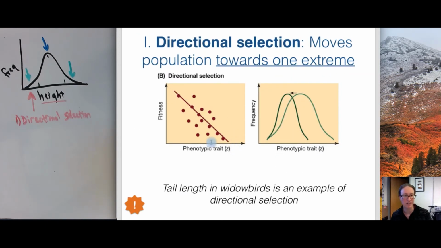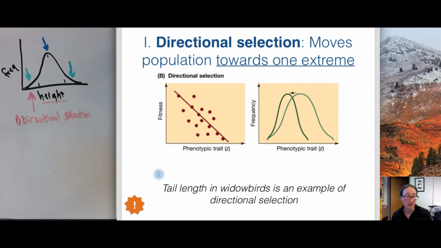So what this figure is showing is that individuals that have the smaller trait have higher biological fitness. And so the consequence of directional selection in this case is going to be a shift of this curve towards the left. So the smaller individuals are going to become more frequent in the population.